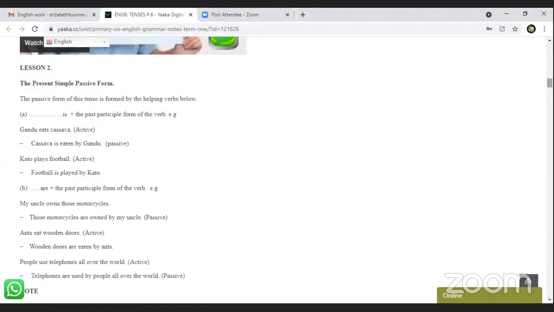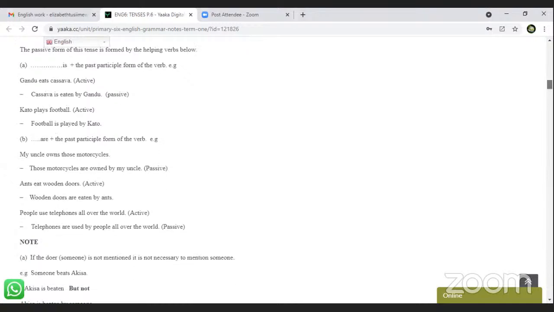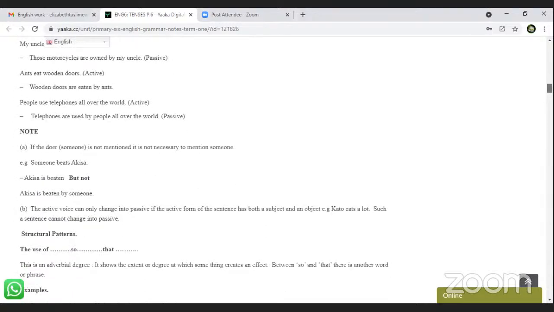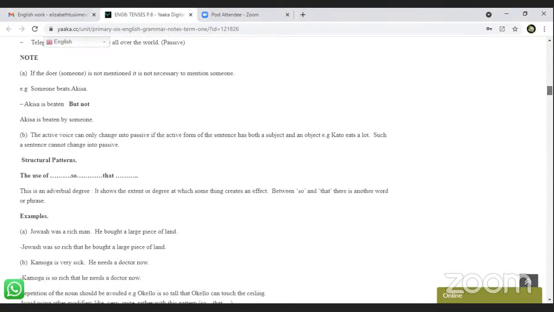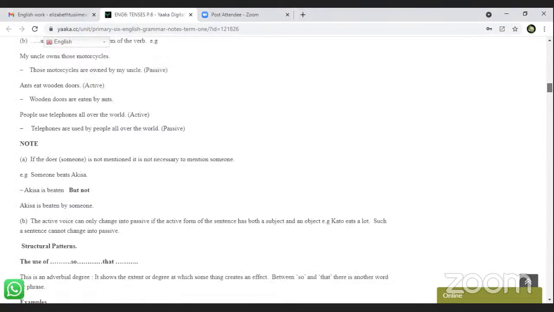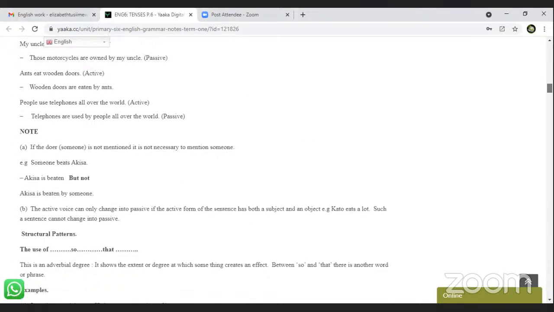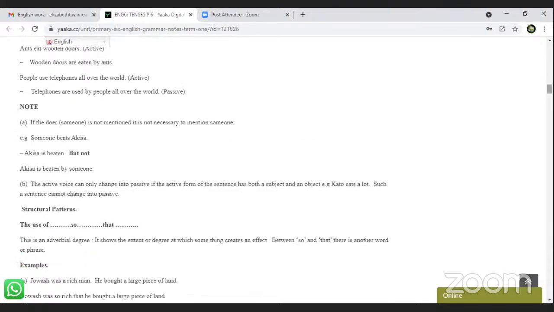So you get down, Lynette, scroll. You can stop there. If the doer is not mentioned, it is not necessary to mention someone. For example, someone beats Akisa. You say Akisa is beaten, but not Akisa is beaten by someone.